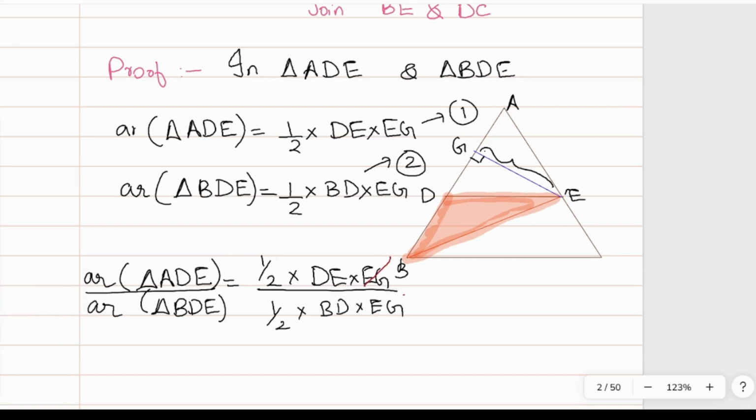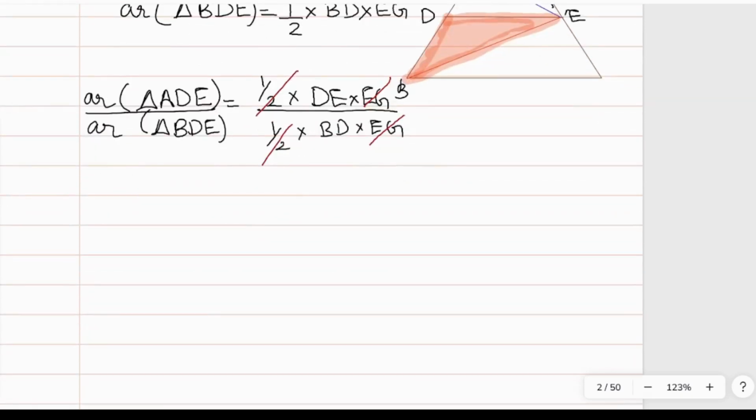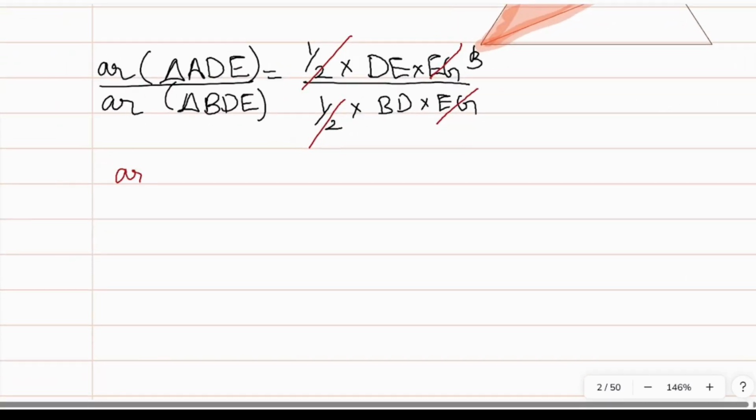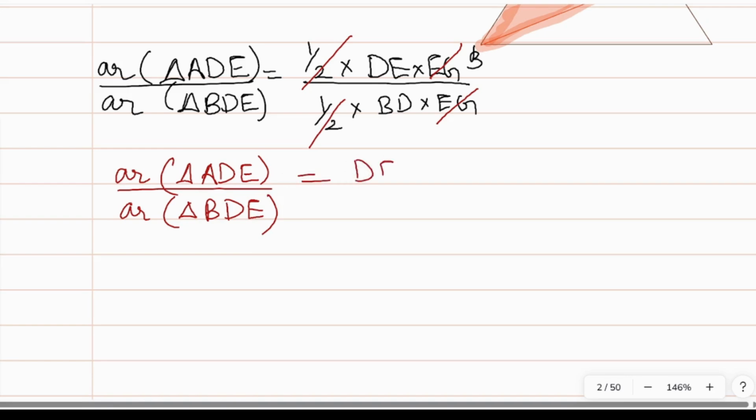We can cancel this one and this one as well as this one and this one. So what will be left over? Area of triangle ADE divided by area of triangle BDE equal to DE divided by BD. For this one, I will give the equation number 3.